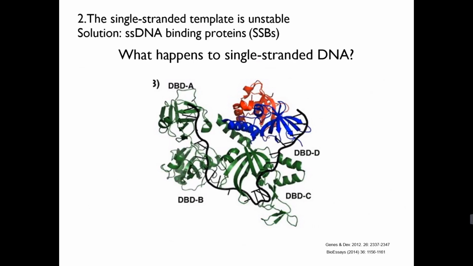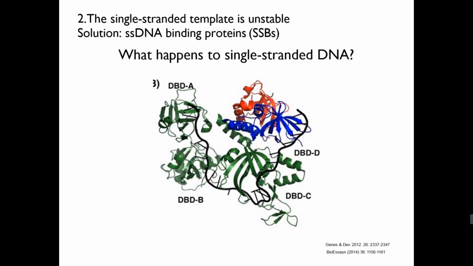So now we're at a position where we've produced single-stranded DNA from double-stranded DNA. This can now serve as a template for DNA polymerase, but we have the problem that we discussed earlier regarding the instability of single-stranded DNA. If you remember, we mentioned it can possibly re-anneal.